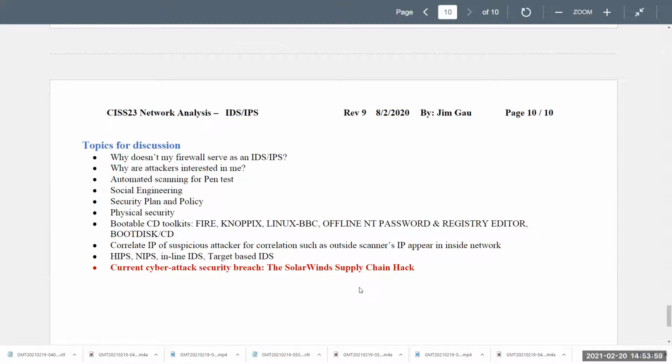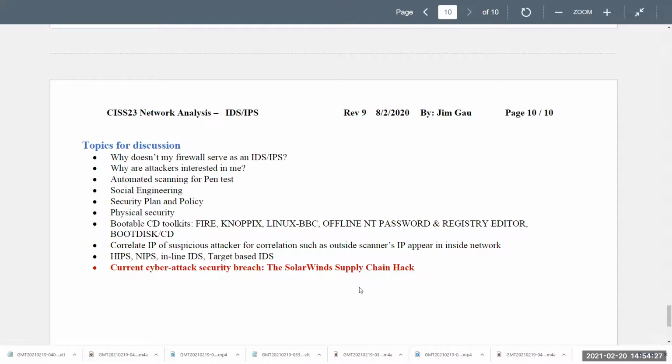SolarWinds is a big network security and management company, and a lot of government agencies and big corporations purchase the SolarWinds Orion software to monitor the whole network. I have quite a few clients that also use that.